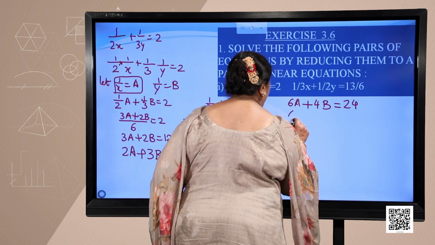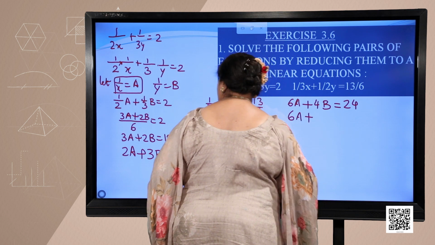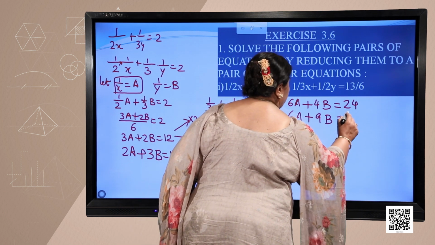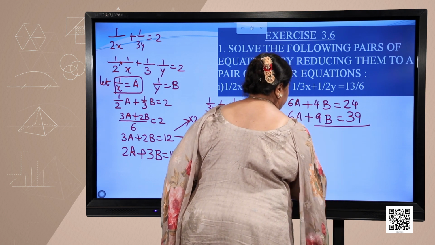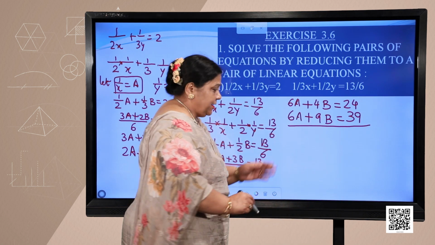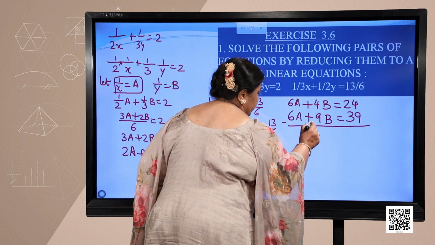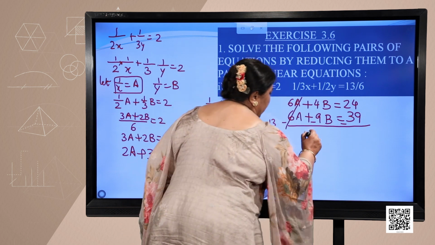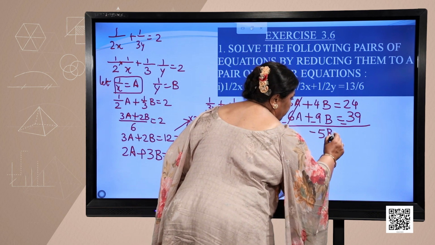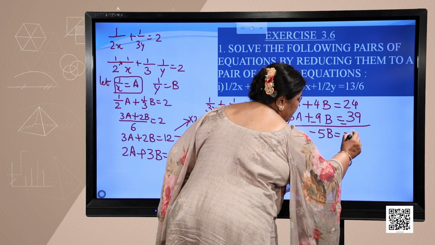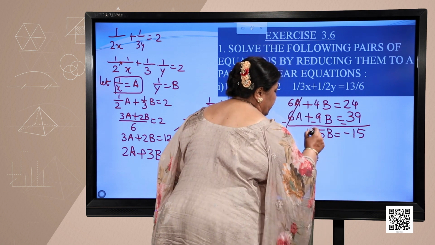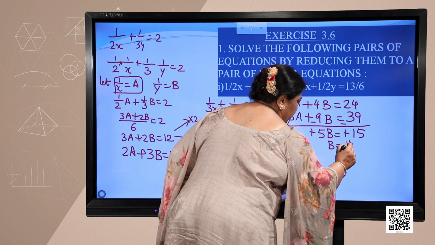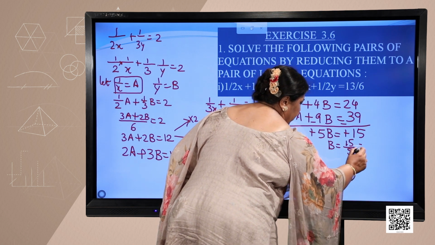Likewise, 3 2s are 6a plus 9b is equal to 13 3s are 39. Same sign, subtract, I hope you remember. We will subtract; the coefficients of a are equal, so they get cancelled. I get minus 5b is equal to minus 15. Minus minus becomes plus and b is equal to 15 upon 5. That gives me 3.